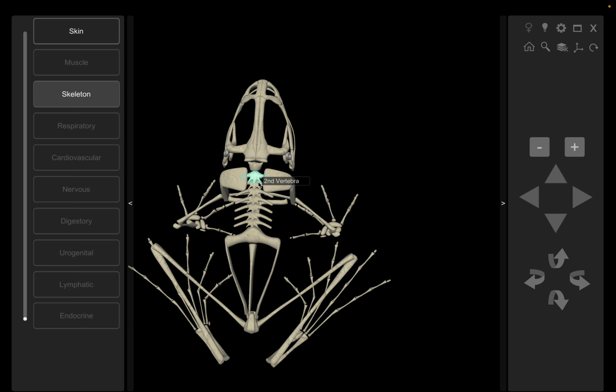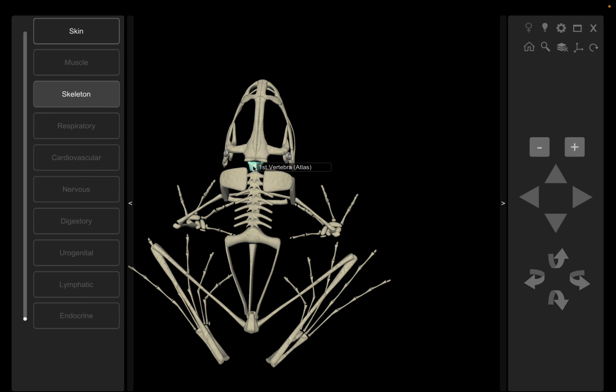These are all typical because they have essentially the same structure, same appearance. There is one sacral vertebra, which is the ninth vertebra, and there is one urostyle. Okay? So those are the bones comprising the vertebral column.